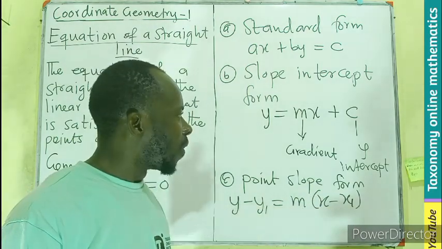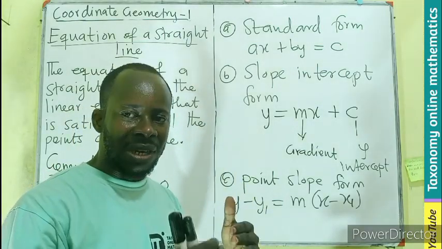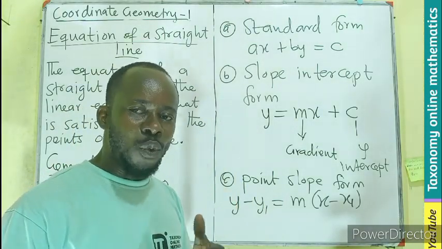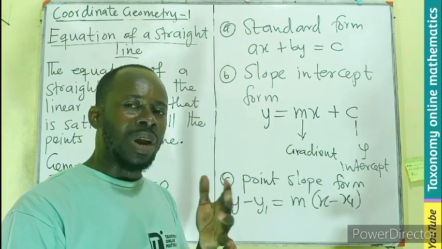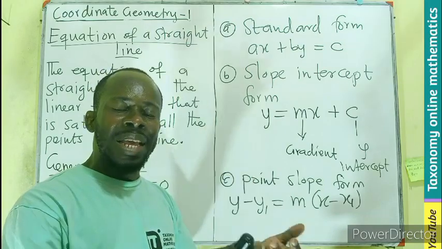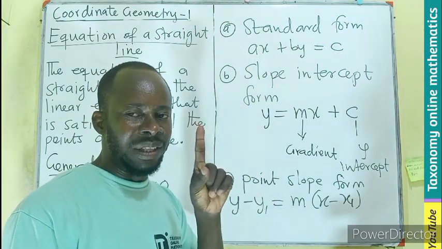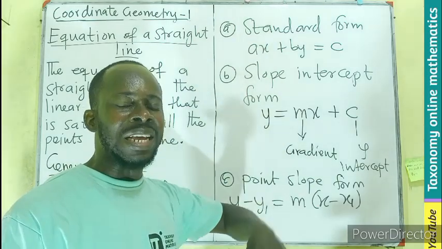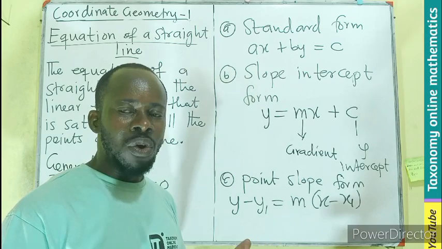Alright. Now, how do we find the equation of a straight line? We can do that, one, when 2 points on the line are given. The moment 2 points on the line are given, you can easily find the equation of the straight line. Now, when just one point and the gradient of the line are given, you will be able to find the equation of that straight line.